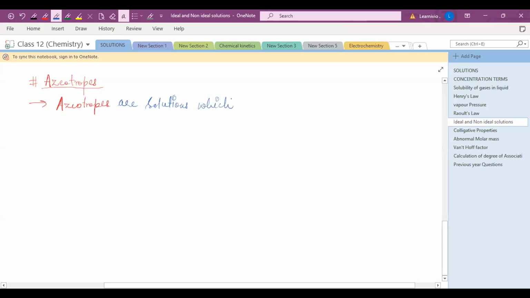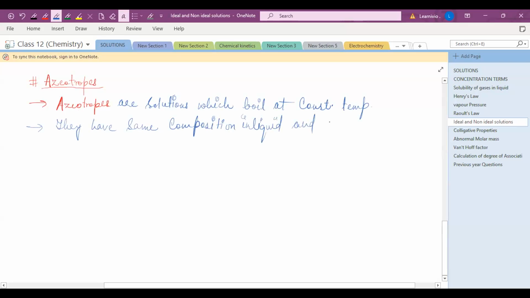Okay, and azeotropes have the same composition in liquid and vapor phase. Right, in vapor phase and in liquid, they have the same composition. Composition doesn't change, means constant composition, okay, right?